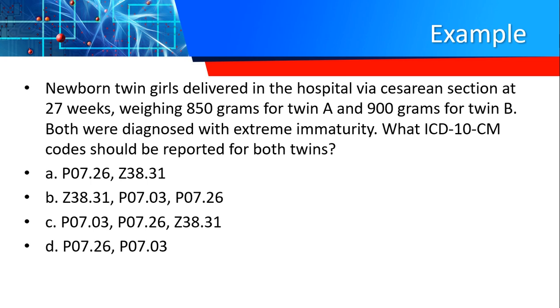There's a bracket of weight, and 850 to 900 grams belong in just one bracket, and that is your P07.03. That's why it's no longer necessary to code a separate one for the other twin. And of course, they have the same gestation because they are twins. Okay, so that should be letter B.